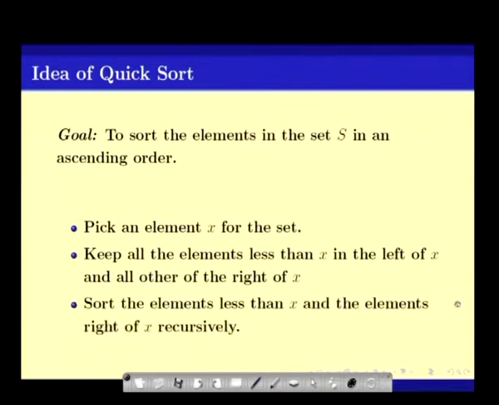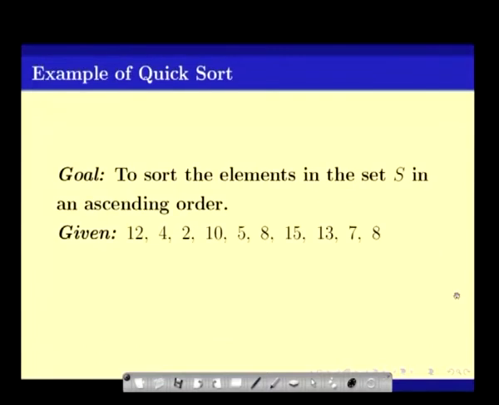and then sort the elements left of x and right of x recursively. So, for example, if we have this set 12, 4, 2, 10, 5, 8, 15, 13, 7 and 8, 12 is the pivot. So, we take the pivot and put it in the middle, and then we go through this set S and write down all the elements in S that are smaller than 12 to the left of 12 and things which are bigger than 12 to the right of 12.